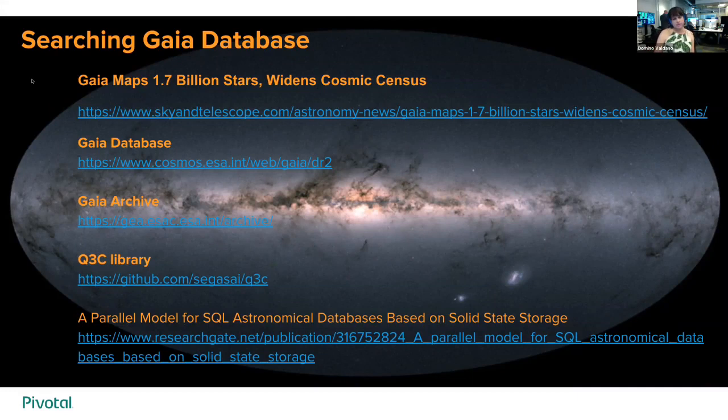the main project this is related to is this Gaia database, where I've put up some links here. There's lots of articles on it. Basically they've mapped over 1.7 billion stars, some of them in other galaxies, some of them in ours, all over the sky, and they've got different properties with them.